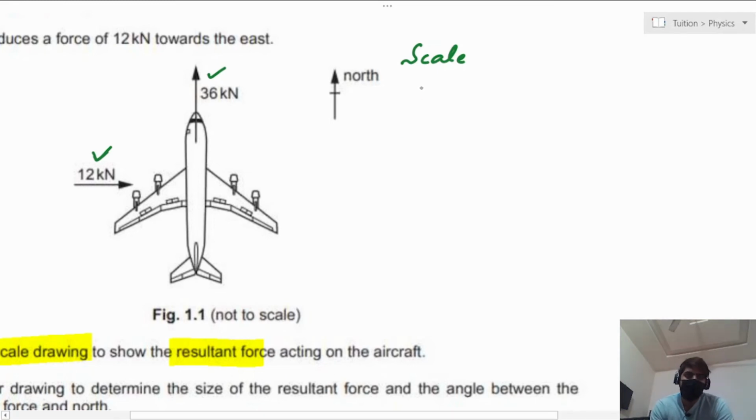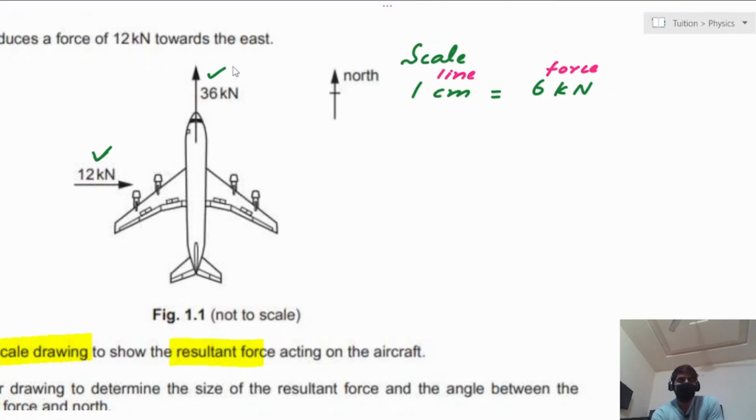What I say is I'll be drawing a line of 1 centimeter for every 6 kilonewton force. This is my scale. What I'm saying is the length of the line would be 1 centimeter if the force is 6 kilonewton.